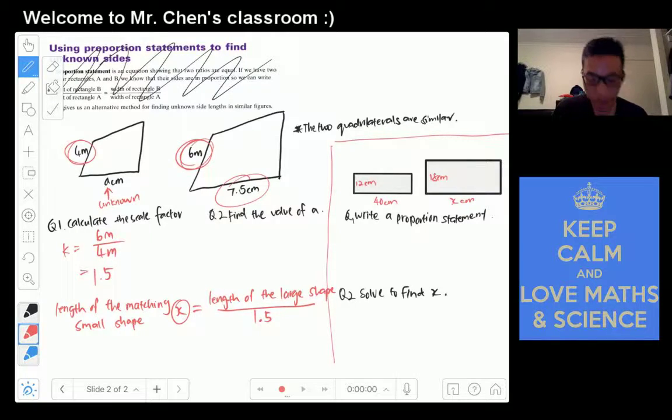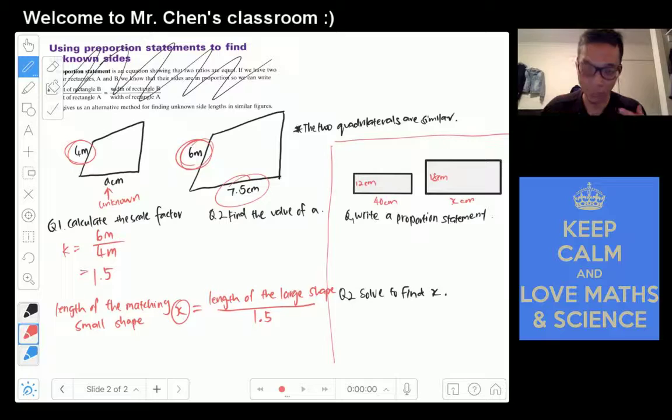Okay, the scale factor, because since it is bigger, we have to divide it by the scale factor to find out the original one. The number cannot go bigger than 7.5 for the small quadrilateral, just from logic, common sense.